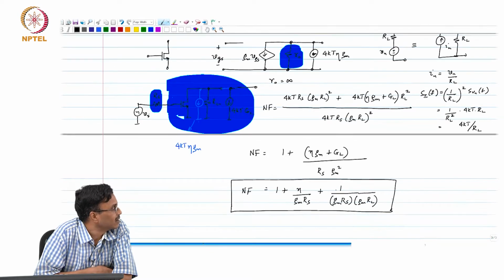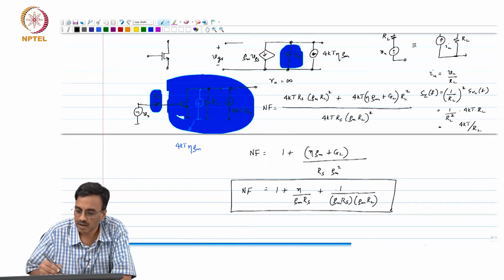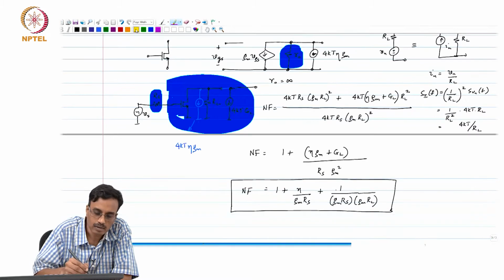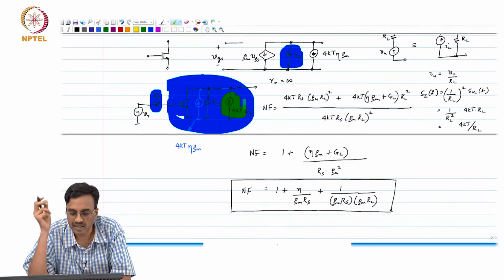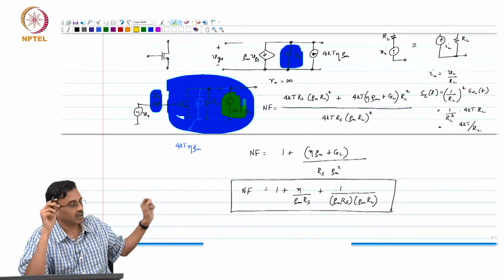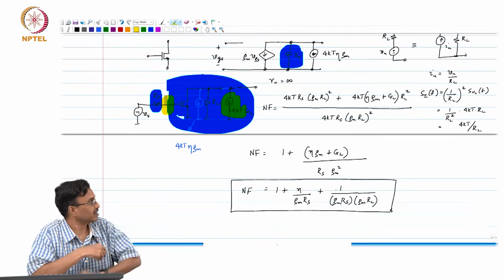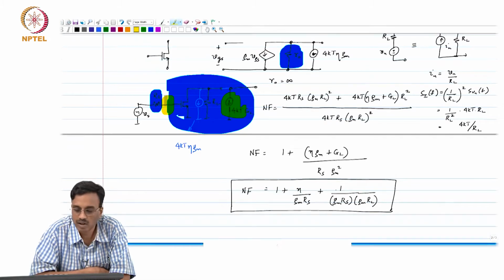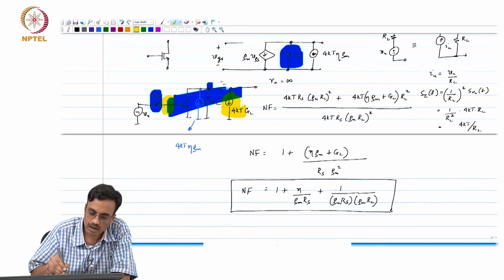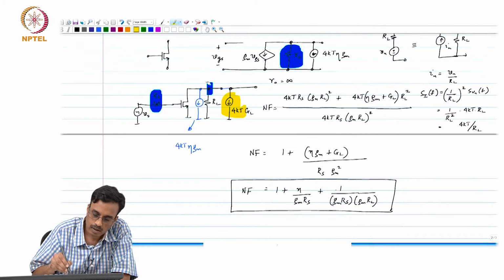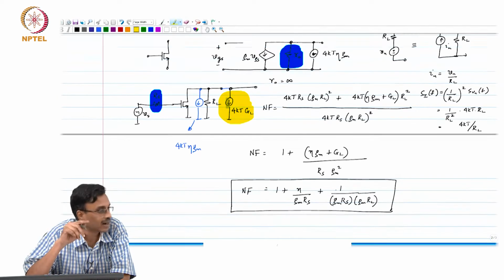Yeah, so basically, when you refer, adding a noise current here is equivalent to asking what disturbance must I add here at the gate to cause a current I in the drain?